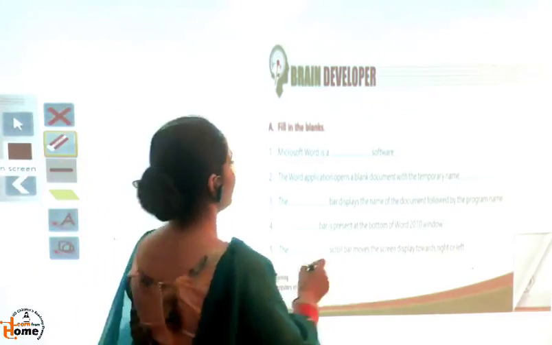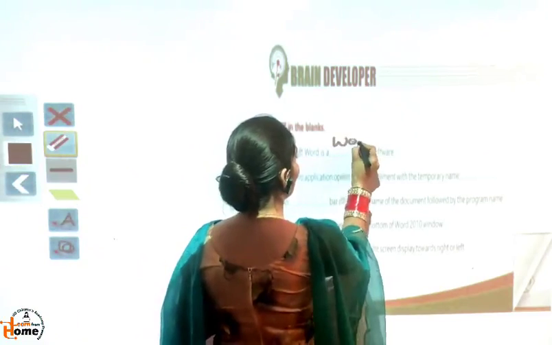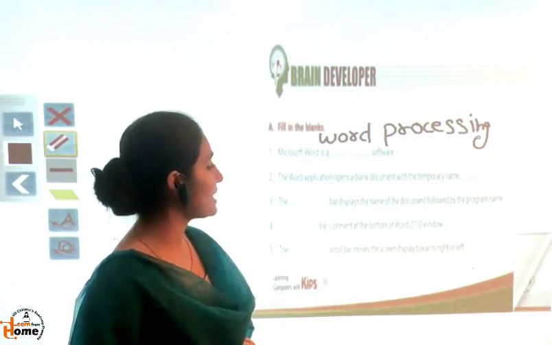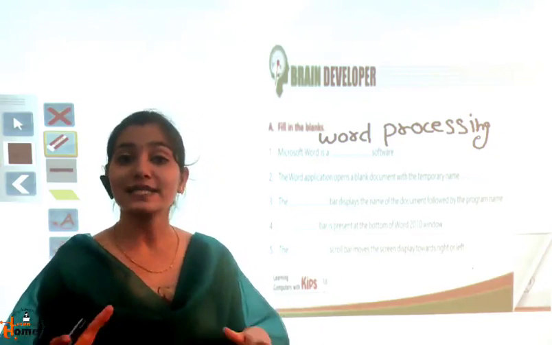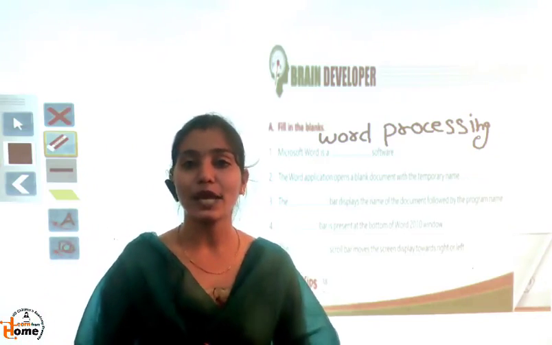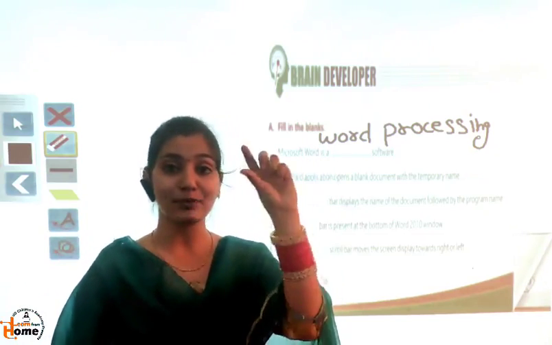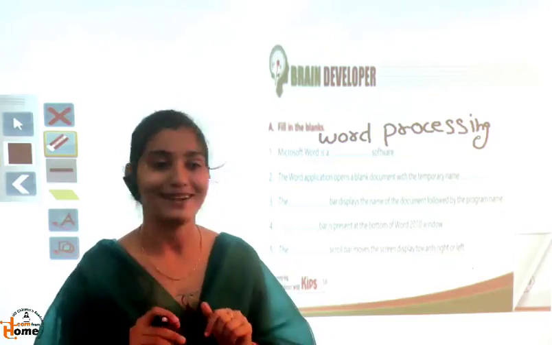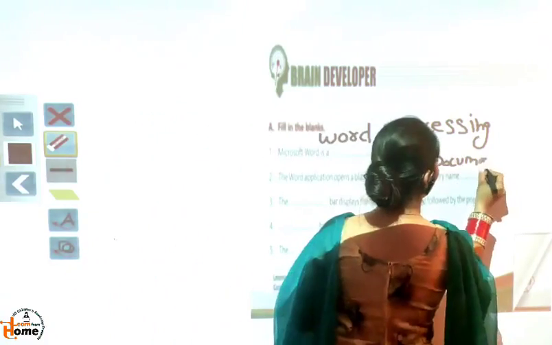Okay? Next is: the Word application opens a blank page with the temporary name. What is the temporary name of the document in MS Word? Have you seen in the title bar above? What is the name? It is Document 1. Yes.